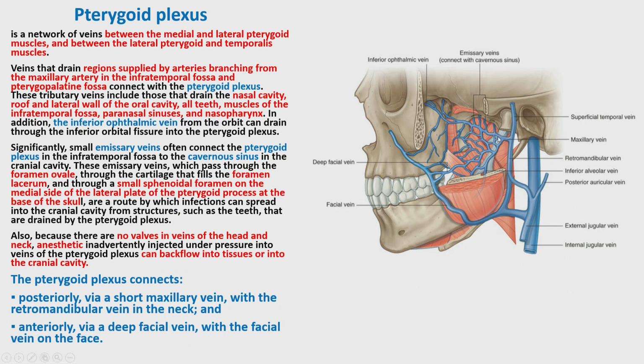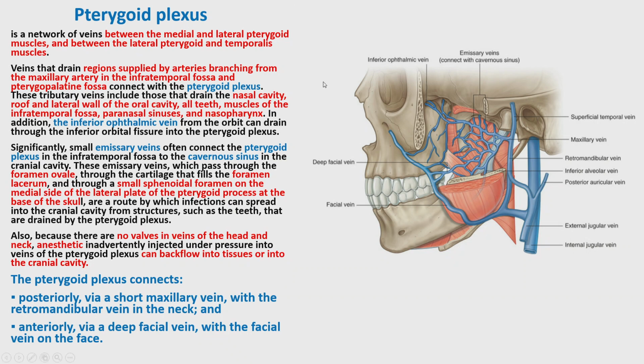In the infratemporal fossa and pterygopalatine fossa, you have a network of veins called the pterygoid venous plexus, usually located between the medial and lateral pterygoid muscles and between the temporalis muscle and lateral pterygoid muscle.